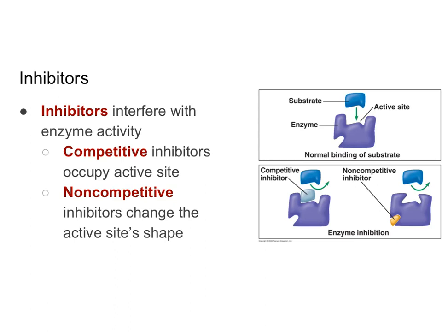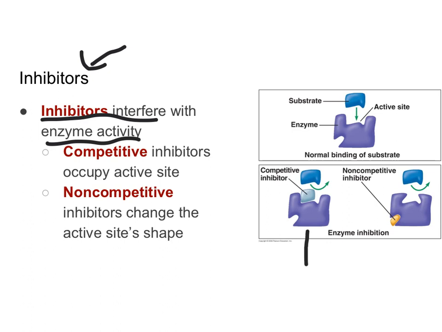So finally, the last thing that can influence enzymatic rate is the presence of inhibitors. Inhibitors are molecules that interfere with enzymatic activity. In other words, if an inhibitor is present, it will slow down the rate of an enzymatic reaction. I'm going to show you an example right here.